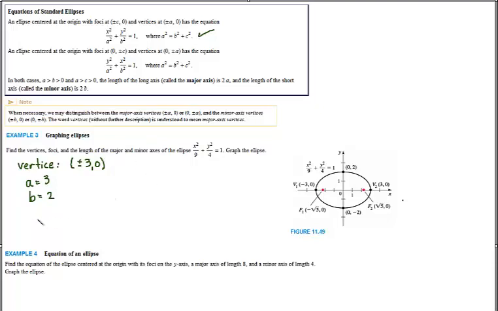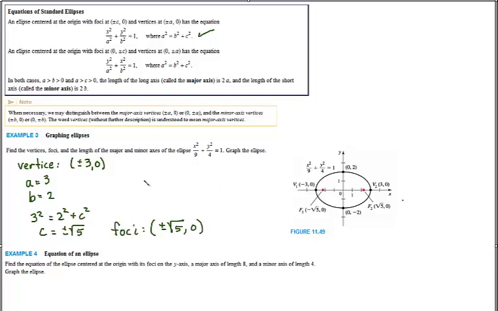So that is 3 squared is equal to 2 squared plus C squared. Computing this, you'll get C is equal to plus minus square root of 5. This means that my focus points are positive, negative, square root of 5, comma, 0.